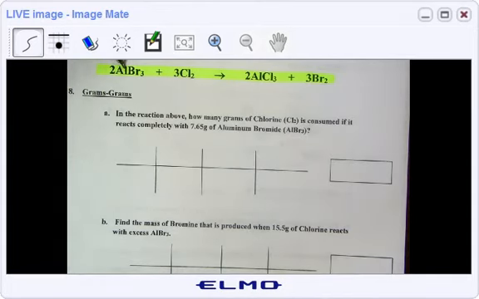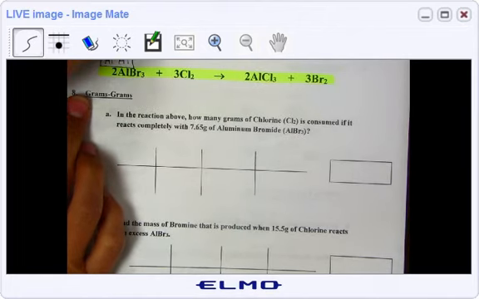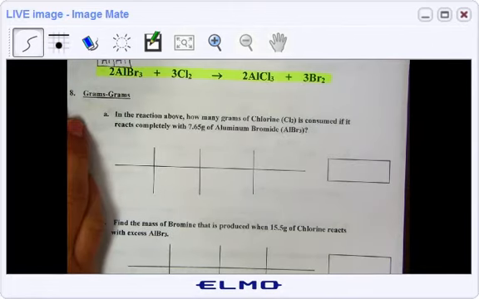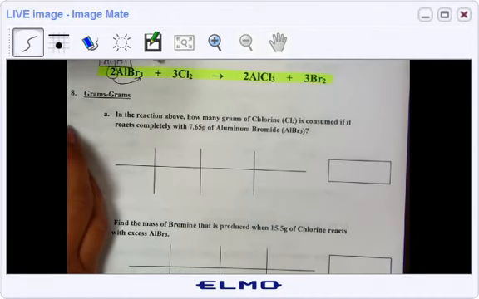I have 2 ALs. I have 3 BRs. Well, actually, this 2 gets multiplied by that, so I have 6 BRs. And I have 6 CLs.